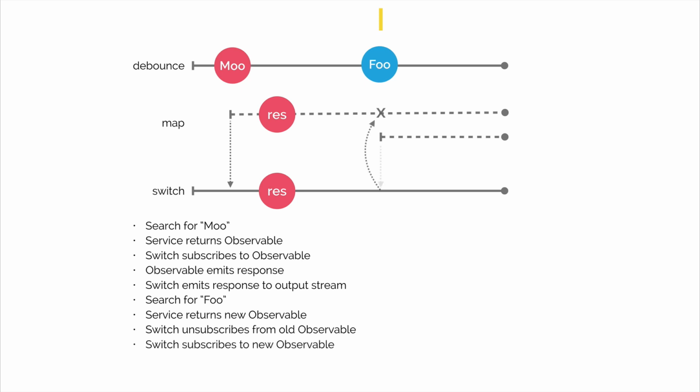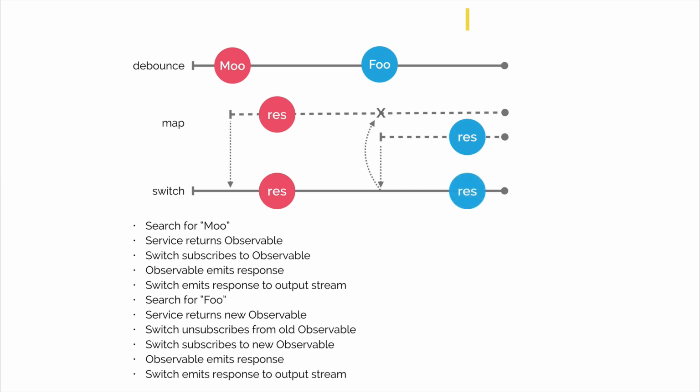It then subscribes to the new observable. And again, sometime later, the HTTP request returns and the observable emits a response. Because the switch operator had subscribed to that observable, it then gets a copy of the response and emits that on its output stream. So that might seem a little bit complicated, and it is a little bit complicated.